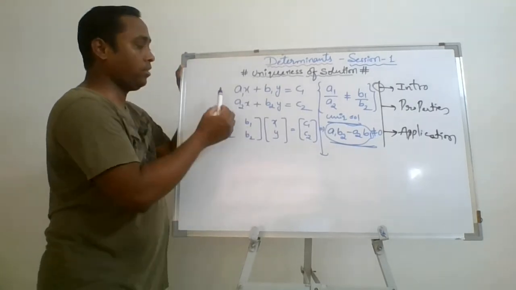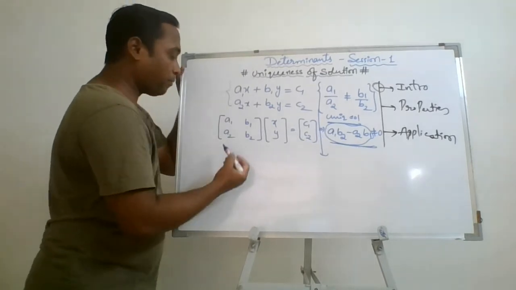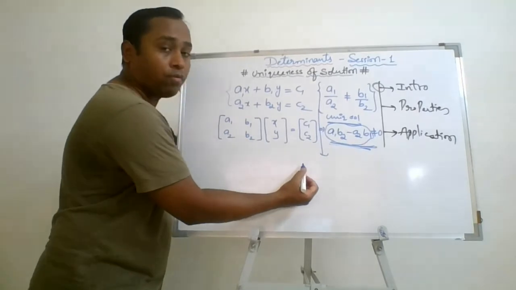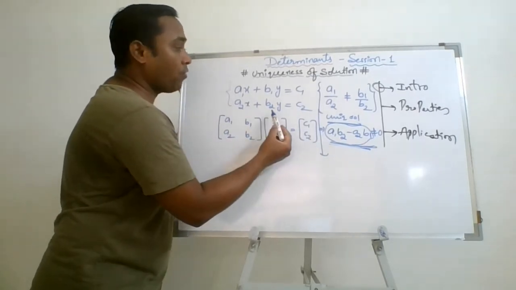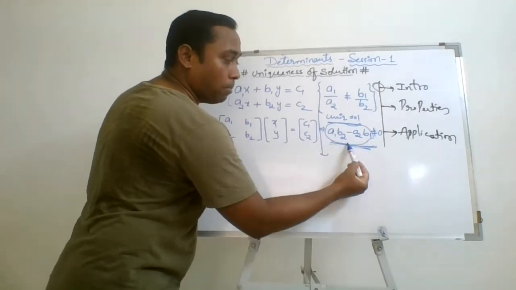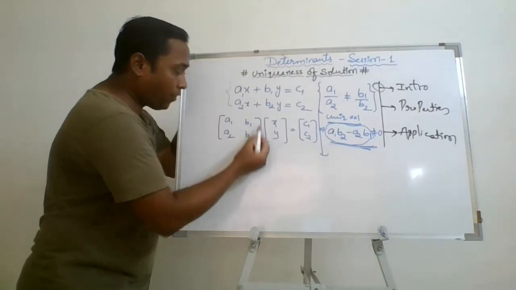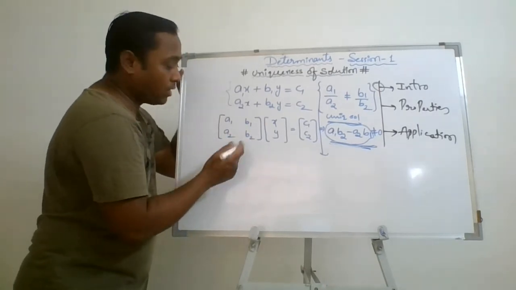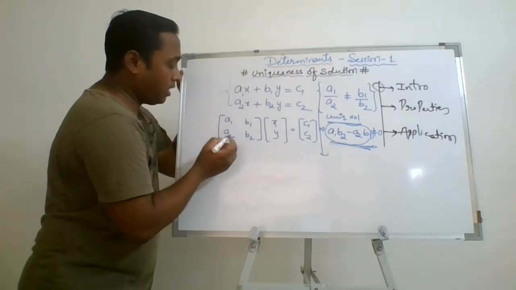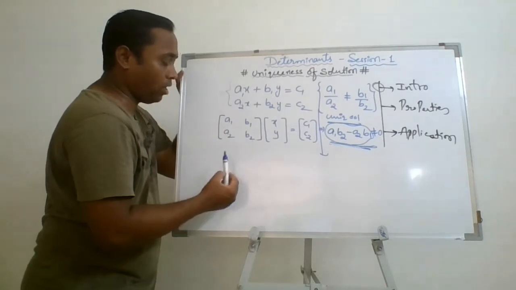Hence, we can write this system of equations as a matrix equation, where we are focusing on the uniqueness of the solution, whether the system has a unique solution or not, just by calculating this number. And this number can also be calculated from the square matrix in the matrix equation, which consists of the coefficients of x and y.